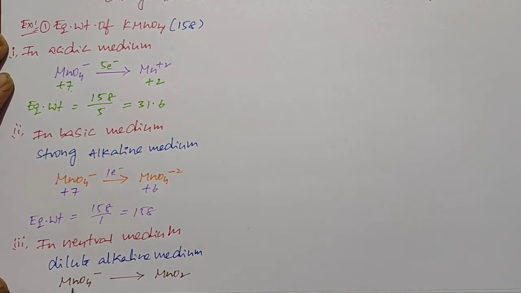Here the oxidation state of manganese on the reactant side is +7. Here the oxidation state is +4. Here the change in oxidation state is 3, or 3 electrons are gained by the reactant.